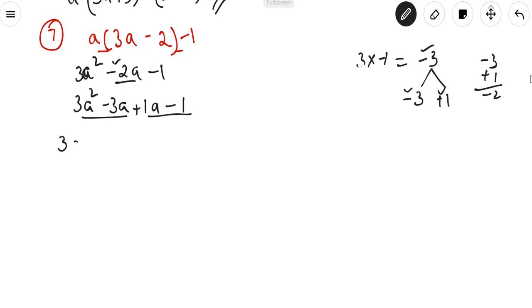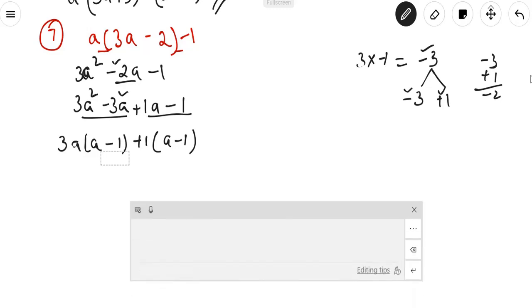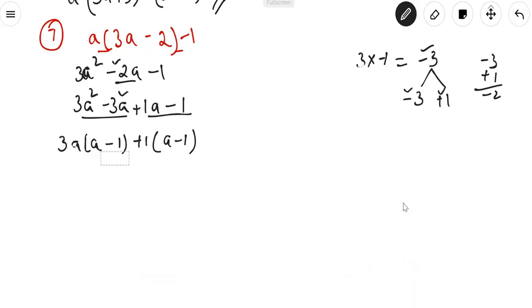The common is 3a. If I take 3a outside, a minus 1 is left. In this, 1 is common, so a minus 1. Now in this whole equation, a minus 1 is common. If I take that outside, what is left?